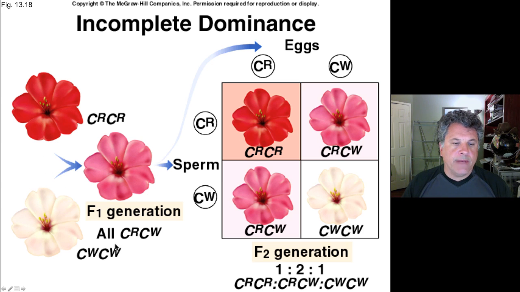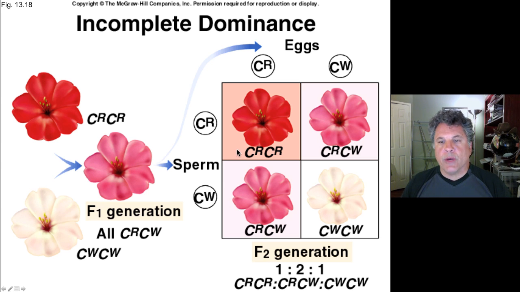And naturally then, if this is a monohybrid, if these are selfed, or if these are self-crossed, what we will get is one genotype which is homozygous for the red allele, one genotype which is homozygous for the white allele, and 2 genotypes that are heterozygous, reestablishing the heterozygous phenotype of being pink.